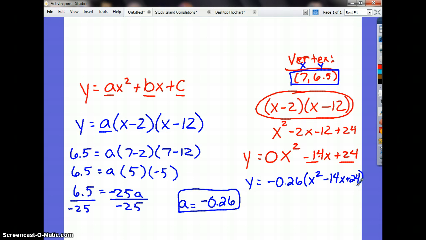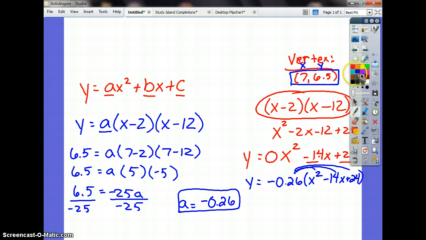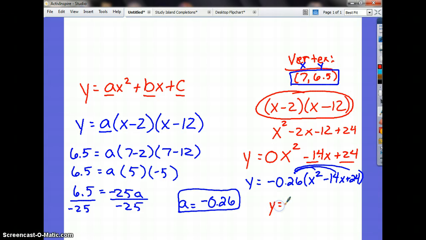For my last portion, all I need to do now is distribute this back in to everything in here, which I'm going to do. And when I do that accurately, my final equation gives me this: negative 0.26x squared plus 3.64x minus 6.24.